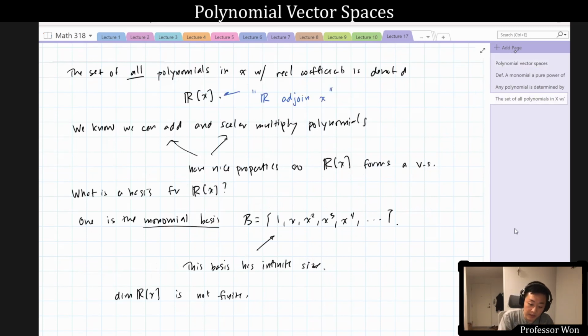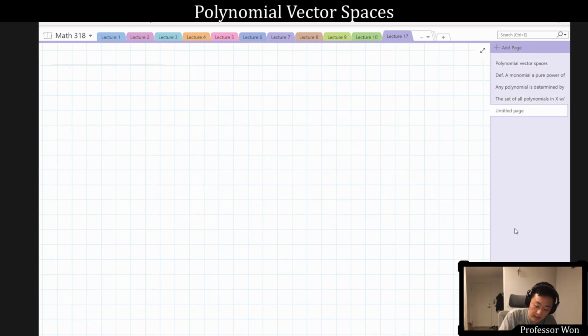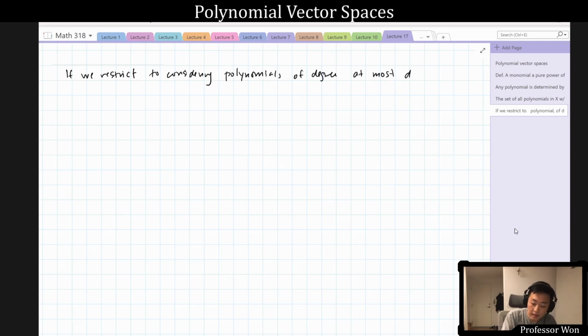Okay, so if we restrict to considering polynomials of degree at most d, then the subset of polynomials is denoted R adjoin x less than or equal to d.